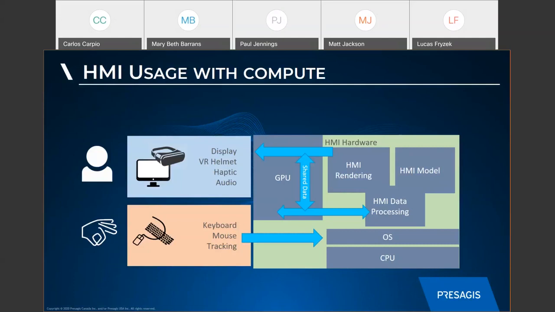With a compute solution, you've still got data coming in. It still has to get in. But the interesting thing is the HMI data processing. Whether it's for an input, or a data set that we're trying to present on the screen, we can offload a lot of this processing to the GPU.